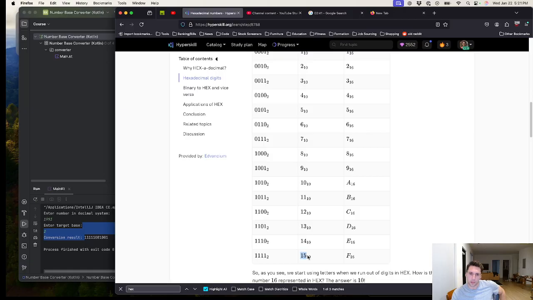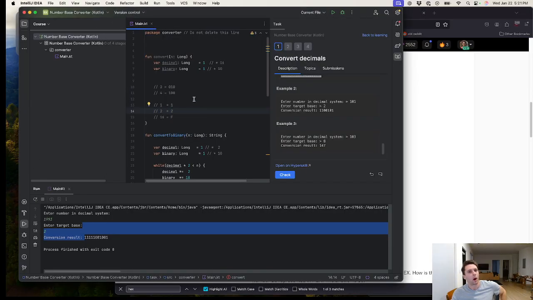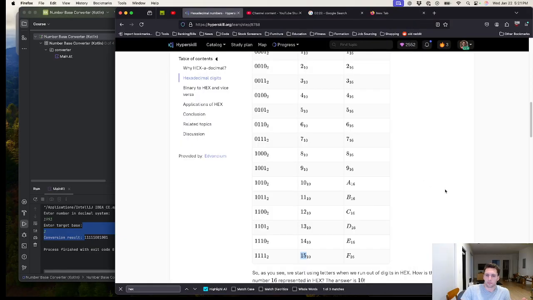Oh, 15. This is wrong. Also gives me another idea. What if, so 15 equals, what if I convert everything to binary? Does that help me at all? I just don't know why I would.